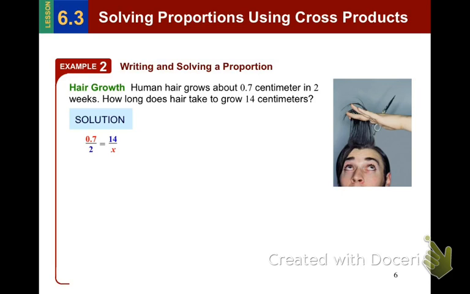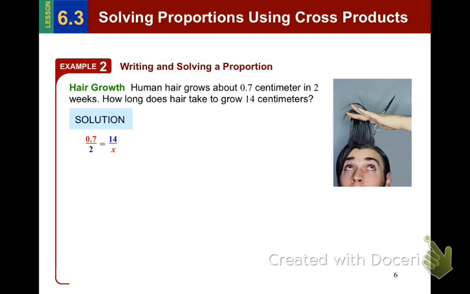And then you would have to put the 14 in a ratio, and you'd have to set that up because we have to be comparing things across the equal sign that are the same. So in the numerator, we had the length, and in the denominator, the time. So for the second ratio, we need the length, which is 14 centimeters, and then the unknown value is the time.